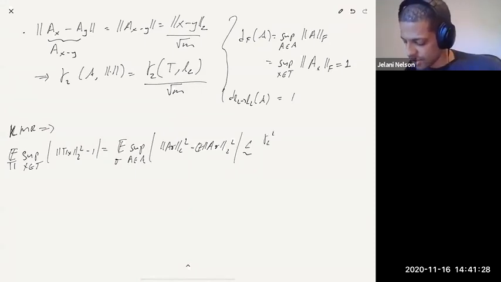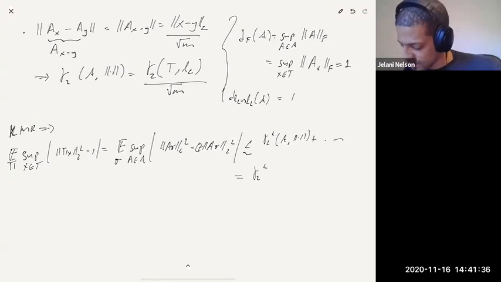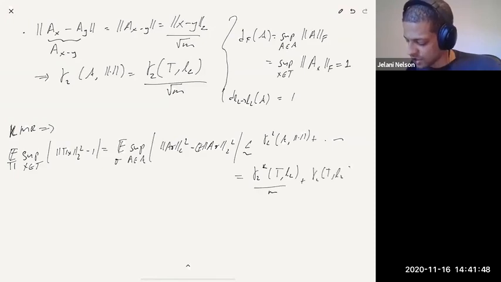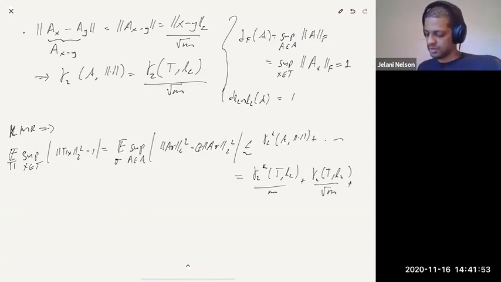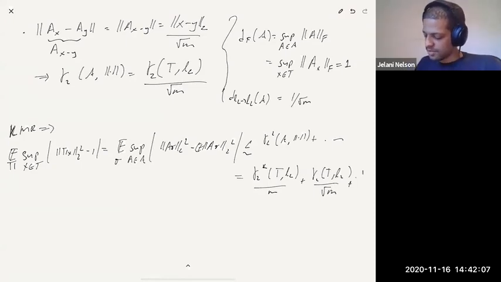what we know, gamma 2 squared of script A with respect to operator norm plus whatever. But if you convert that to what it means in terms of t, it's gamma 2 squared of t with respect to L2 over m plus gamma 2 of t with respect to L2 over root m plus, I have to say this should be 1, and this should be 1 over root m, sorry, plus 1 over root m.